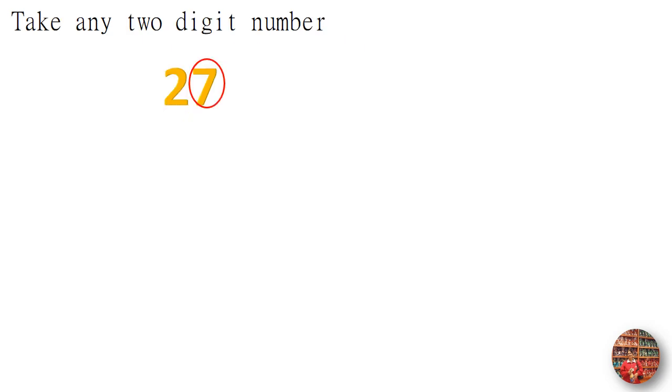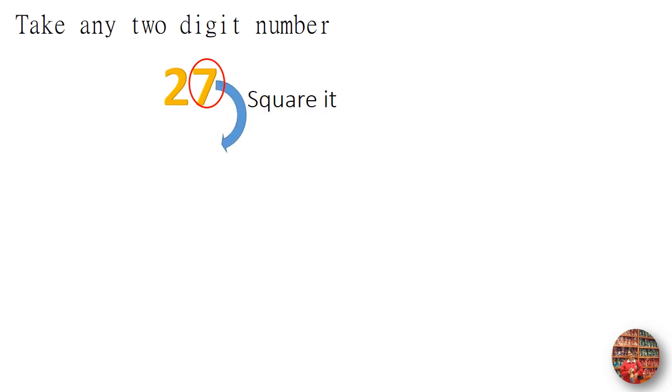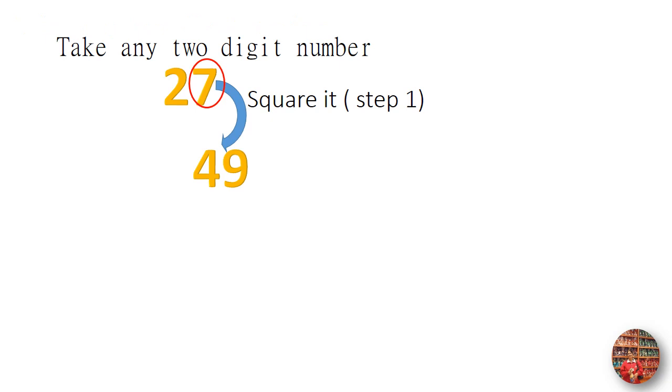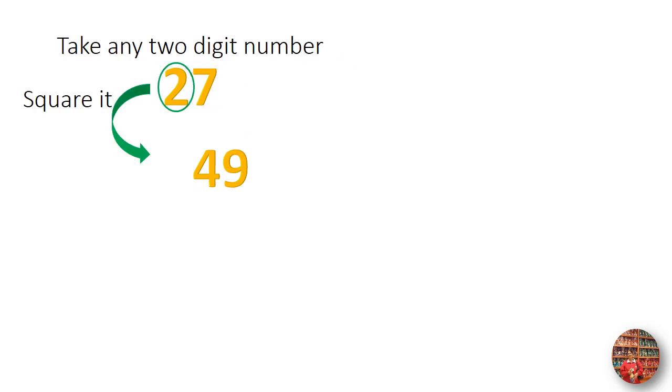Now take the unit place digit 7 and find its square. We have already learnt it. So 7 square is 49. This is step 1. Then take the square of 2. 2 square is 4, so put 4 to the left of the 49.